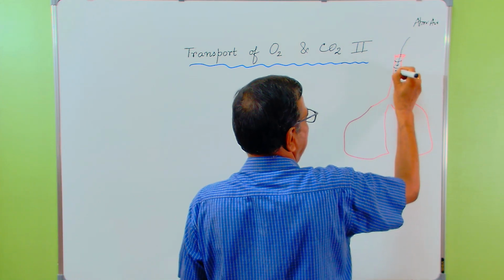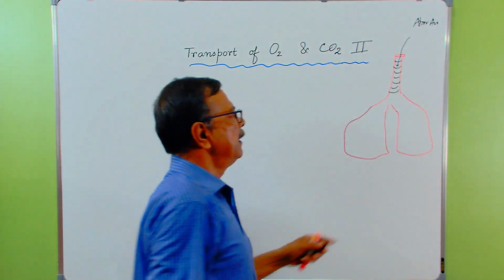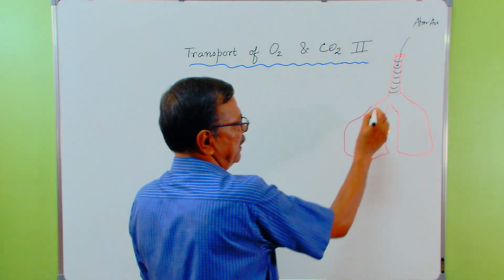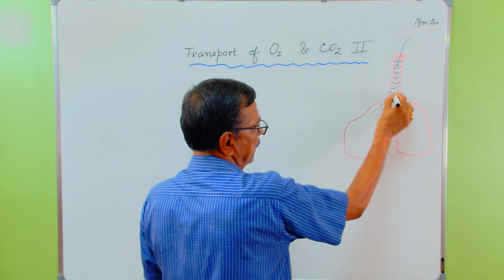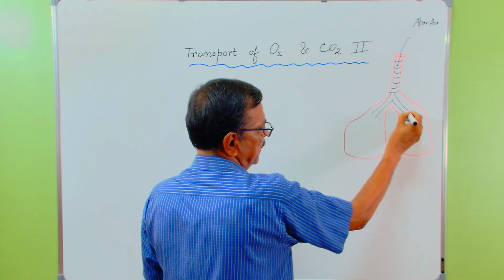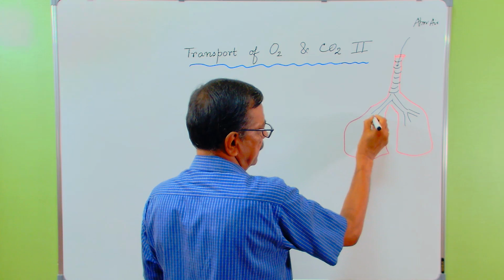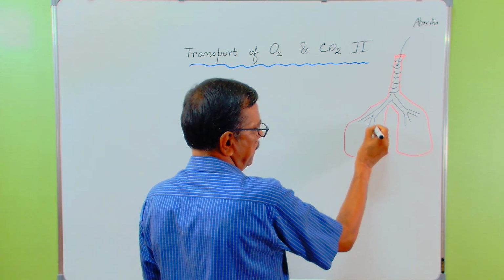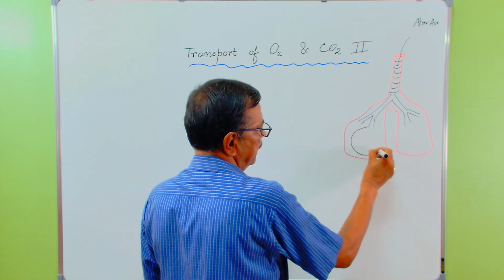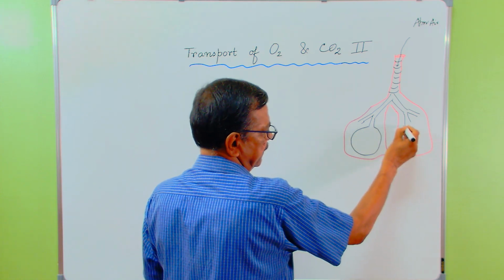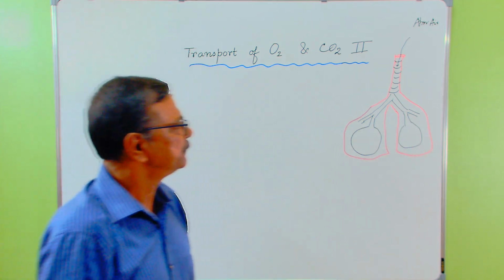It comes through the trachea. This is trachea, and trachea is divided into bronchus. Then it divides into bronchioles. And ultimately it ends in air sacs or alveoli. Clear?